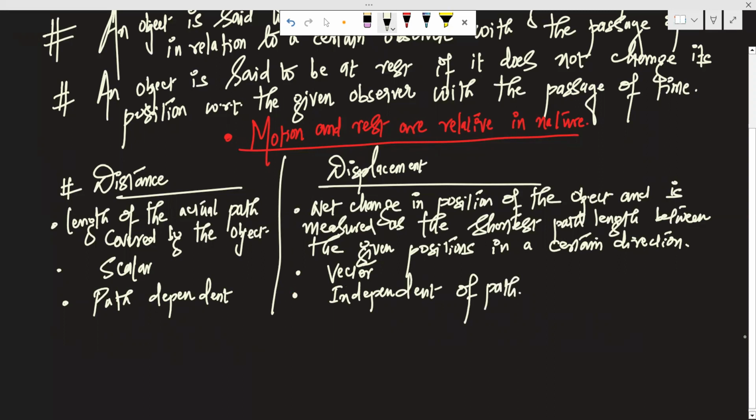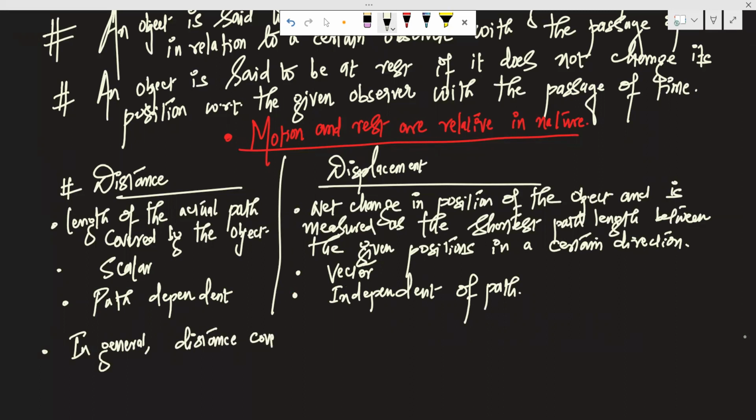And we know that in general, the distance covered by an object between two given positions will be more than or equal to the magnitude of displacement.